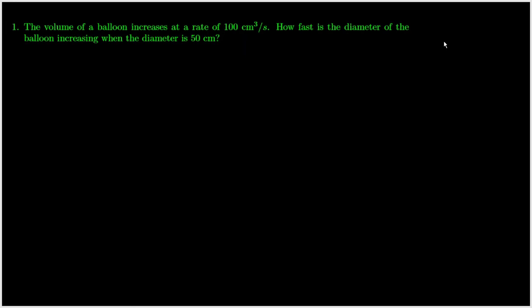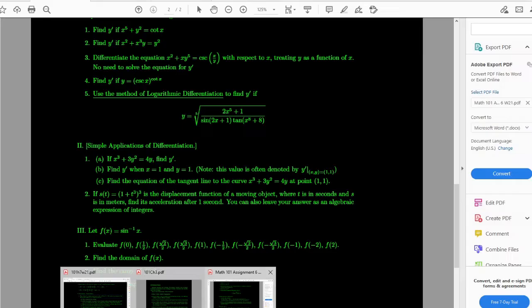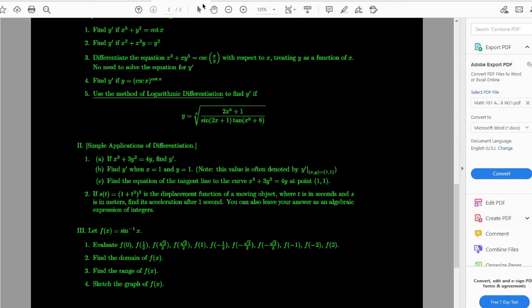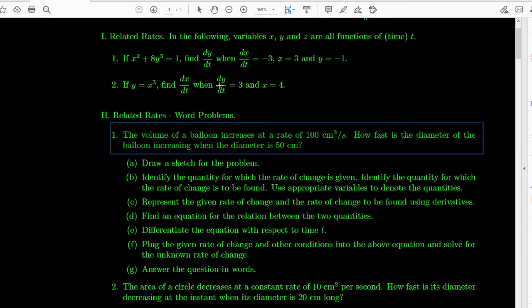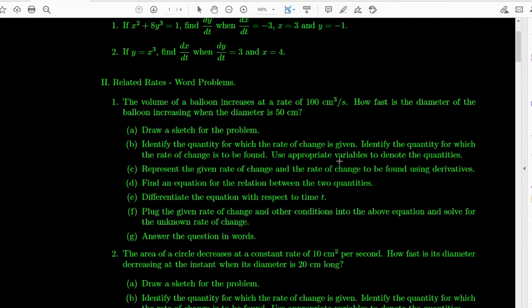We'll follow the steps A, B, C, D, and so on. In step A, we draw a sketch for the problem. You imagine you blow up the balloon at a constant rate of 100 cubic centimeters per second.